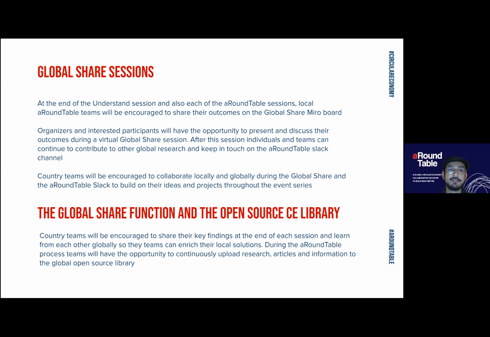So at the end of the understand session and also at the end of every one of the roundtable sessions, teams are encouraged to share their outcomes on this global board. We're going to probably use Miro as a place to store all these different outcomes. That way, it's possible for local communities to share what they have developed with each other and also learn from each other as well.